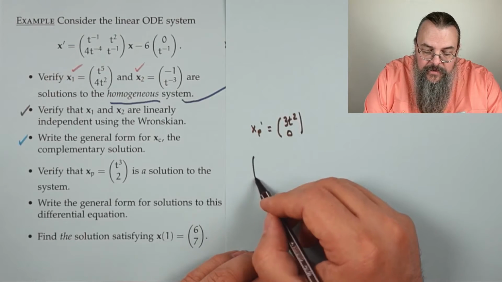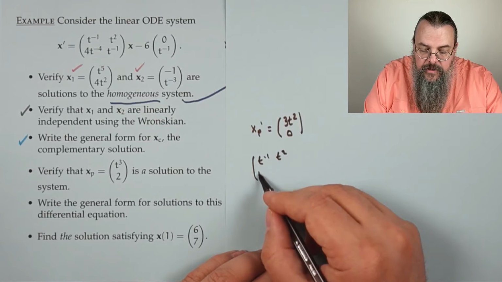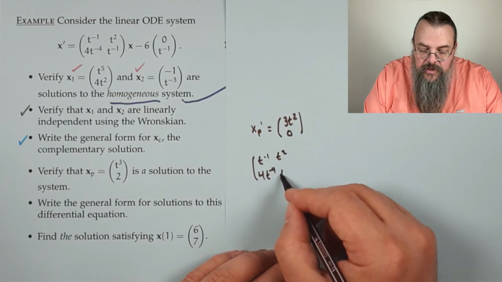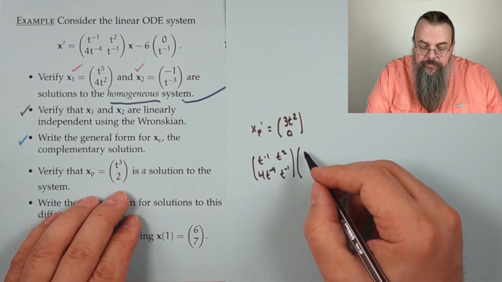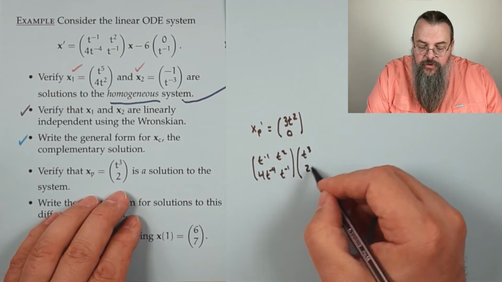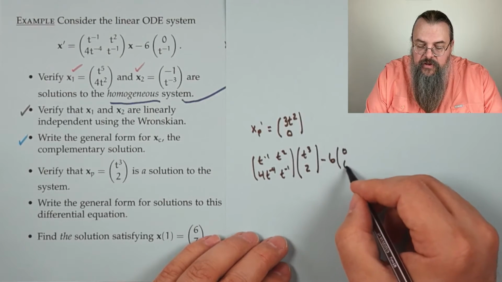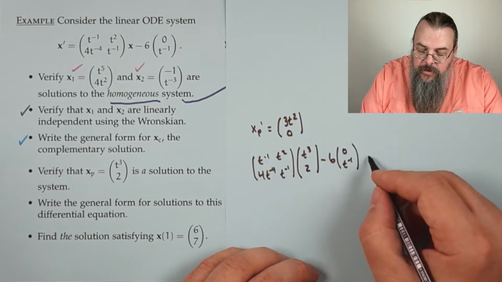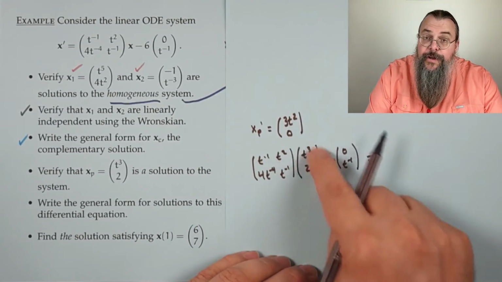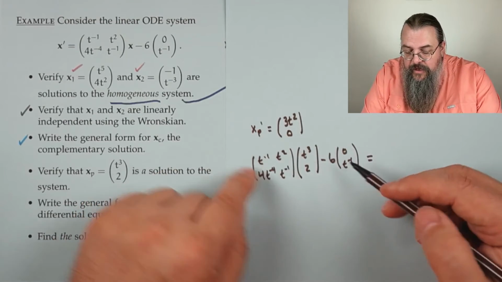All right, so we have t to negative 1, t squared, 4t to negative 4, t to negative 1, times our xp, t cubed 2, minus 6, 0, t to negative 1. All right, so let's first carry out this matrix multiplication. So again, first row down the column.